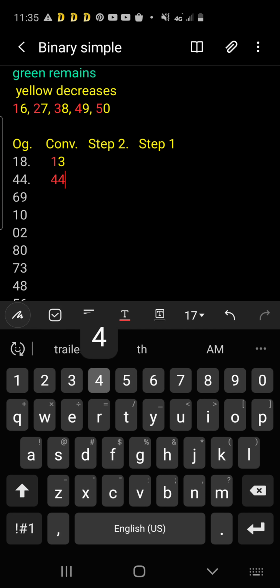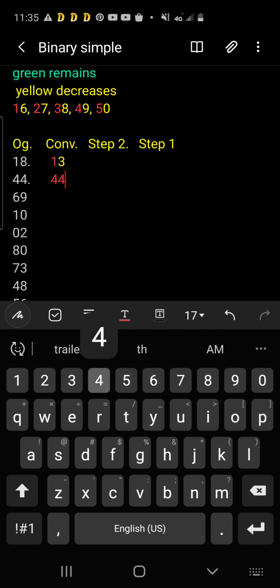The 6 is going to be a yellow 1. And the 9 is going to be a yellow 4. Okay.